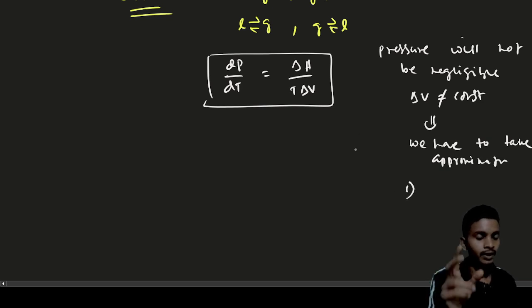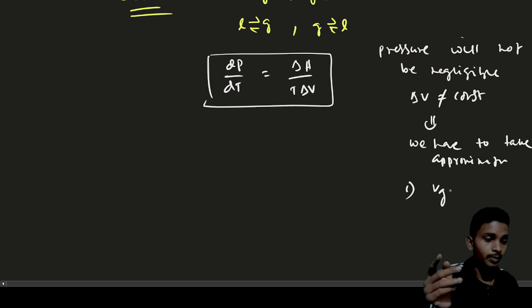One approximation is that the volume of gas is very high compared to the volume of liquid, because wherever you keep the gas, the gas occupies the whole volume of that space. So the volume of gas is much more than the volume of liquid, so V gas minus V liquid is nearly equal to V gas.